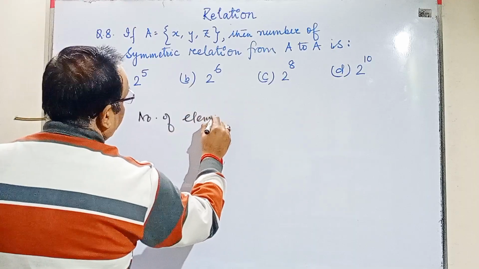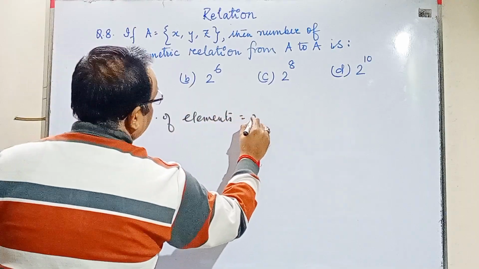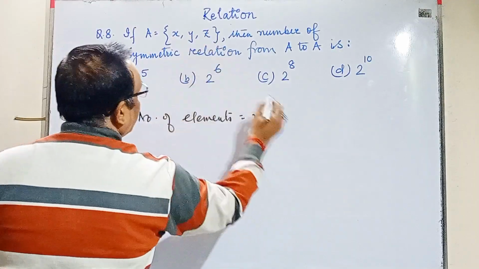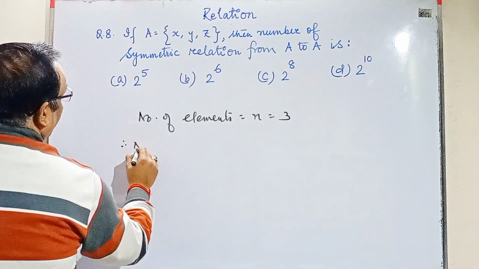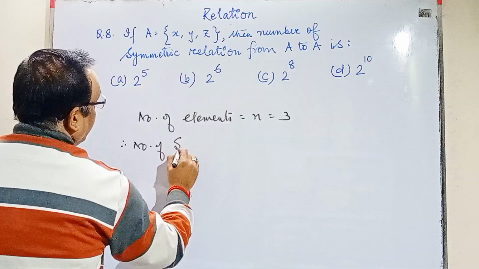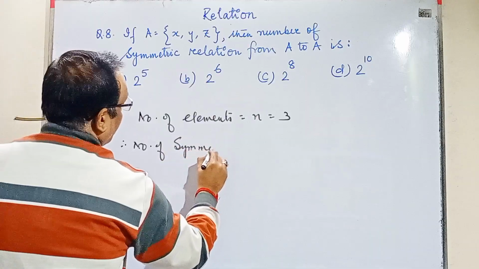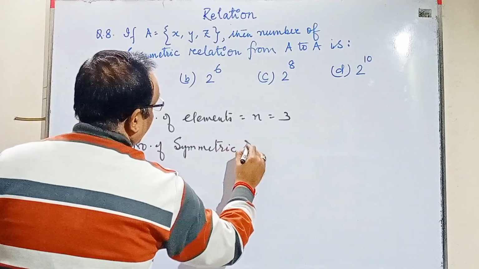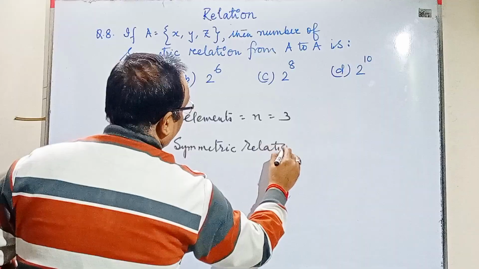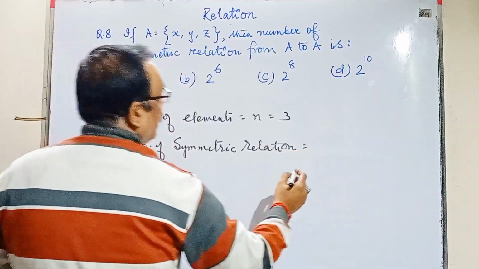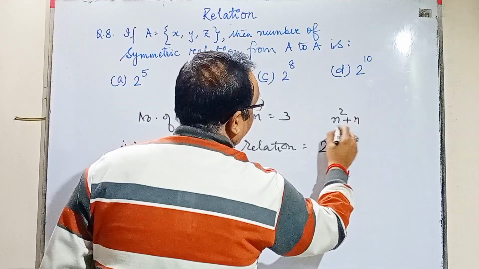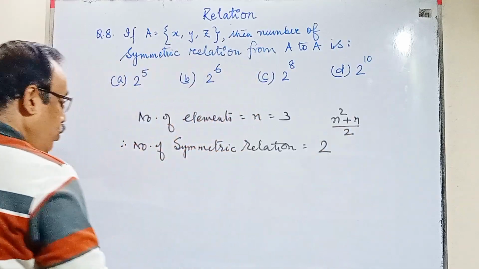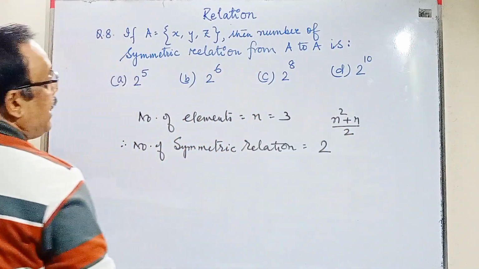Number of elements, that is n, is equal to x, y, z, that means 3. Therefore, the number of symmetric relations is equal to 2 to the power (n square plus n) by 2.